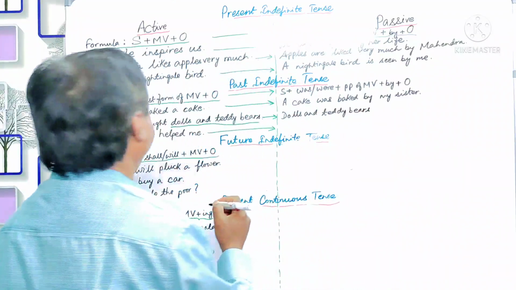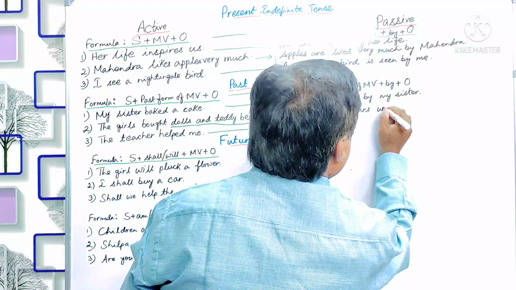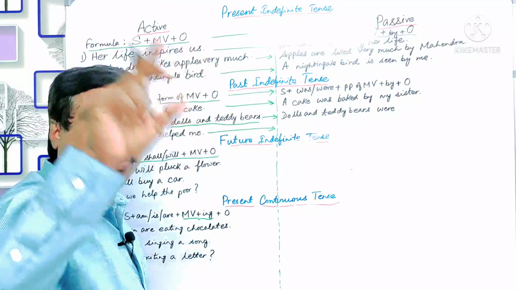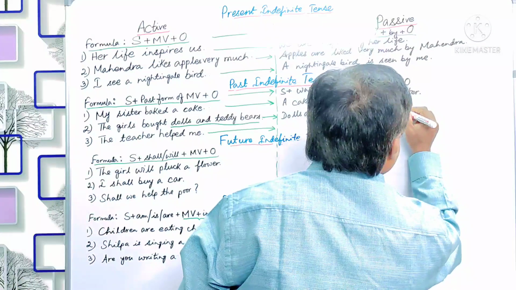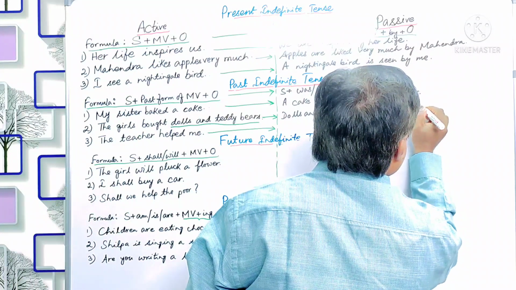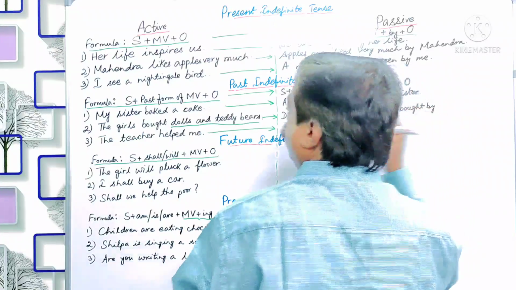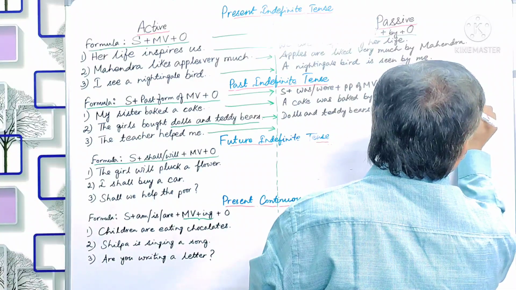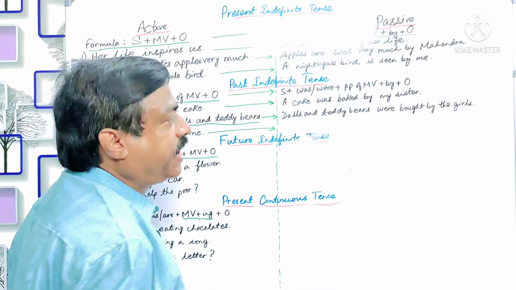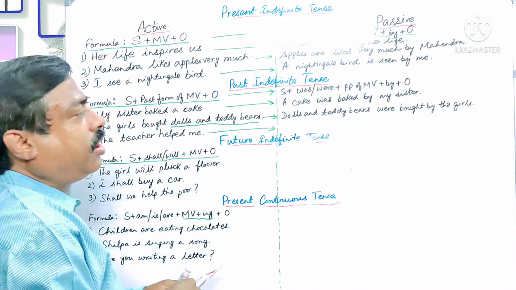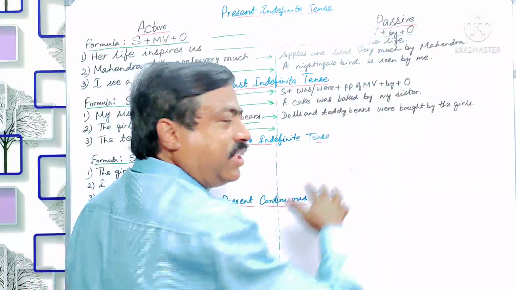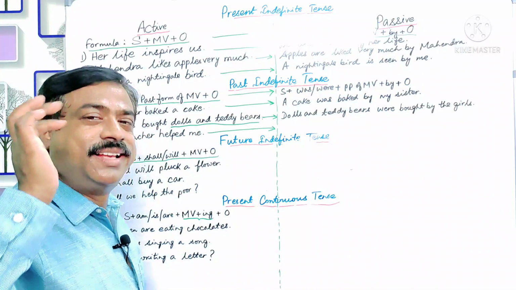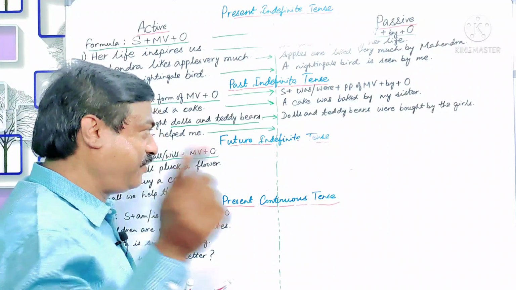Bought is already there. Buy is the main verb, buy, bought, and in the past participle form it is bought. By whom? By the girls. Dolls and teddy bears were bought by the girls. Every time you look at the formula, your sentence will be automatically done. So make sure that you keep in mind the formula.